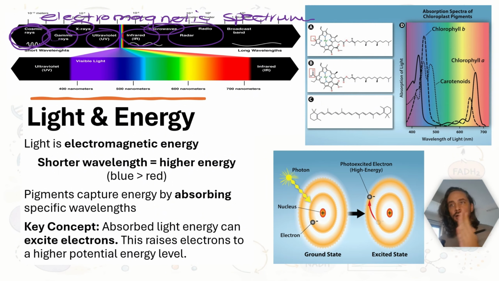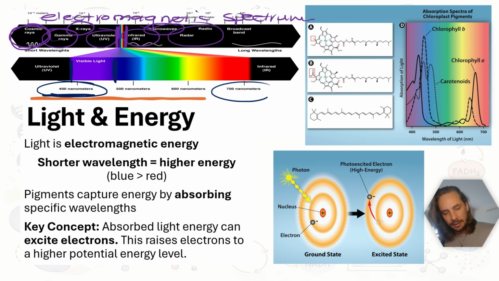All of these are on that spectrum. It's only a very small part of this electromagnetic spectrum that our eyes can perceive as light. The smallest ones, these 400 nanometer waves, fall in the indigo range, and here at 700 we have red, and anything beyond red is infrared.